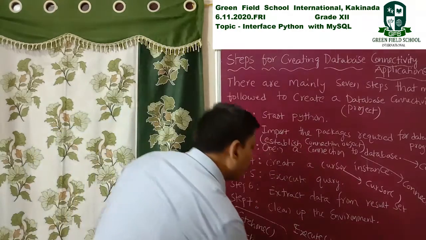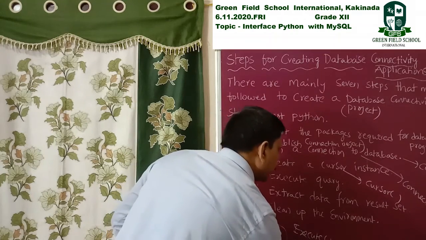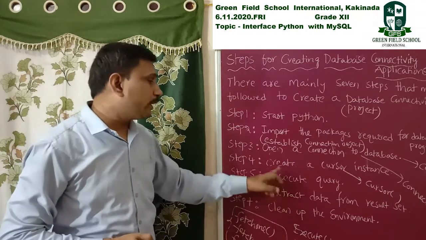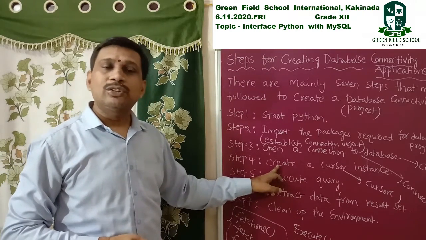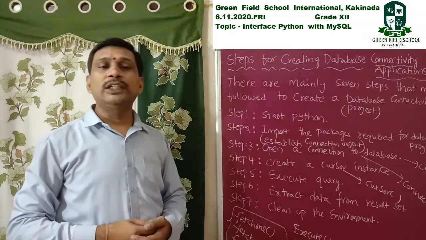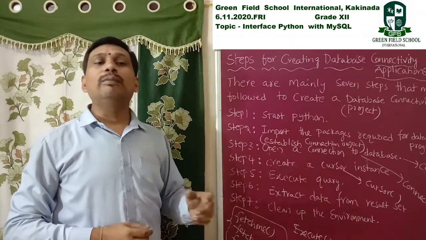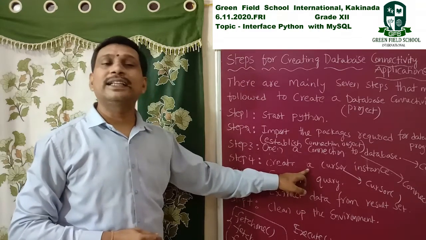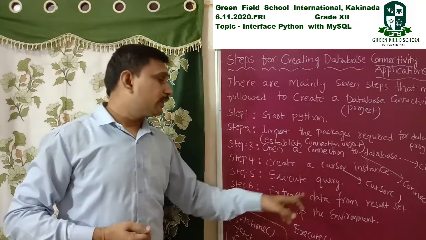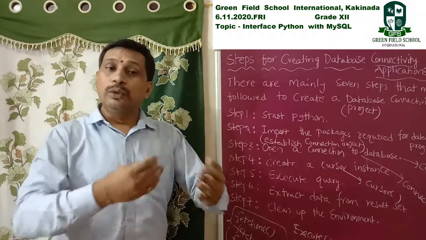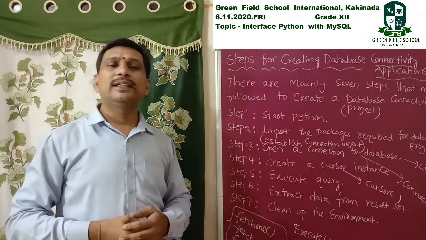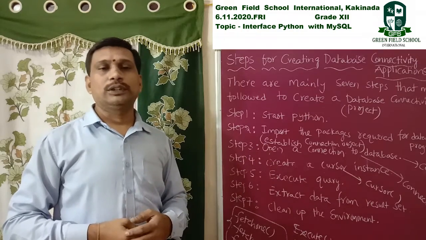By using the rowcount property. Rowcount can be used with the cursor object. So cursor object dot rowcount can be used to display how many records are present in this cursor instance, the temporary memory. Suppose this cursor object has 4 records, we get 4 records from that cursor and display them in our output.